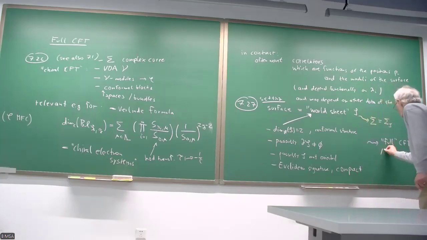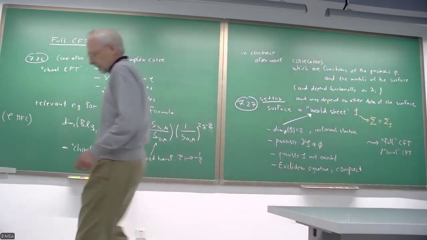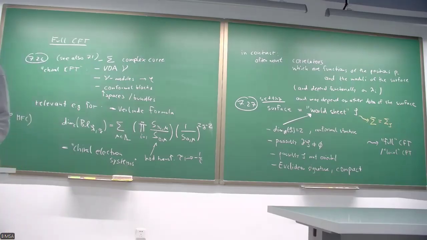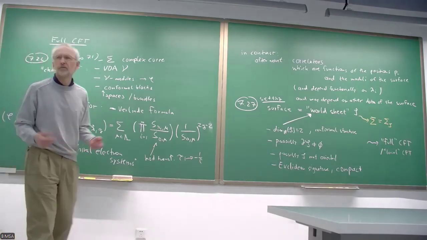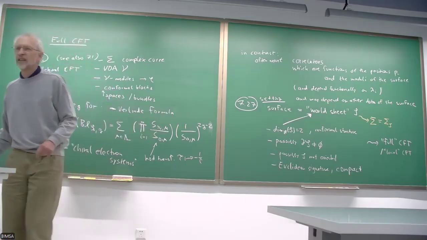Sometimes it's also called local conformal field theory. Or if you want to be sure that you are not misunderstood, you can say full local conformal field theory. I would like to have a more explanatory term for it, but we couldn't come up with anything.